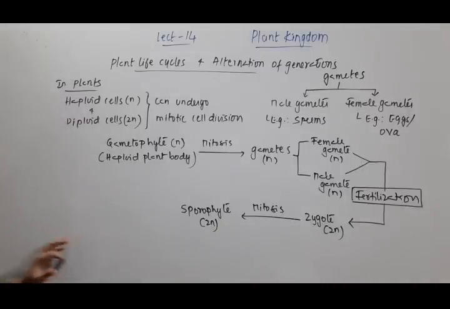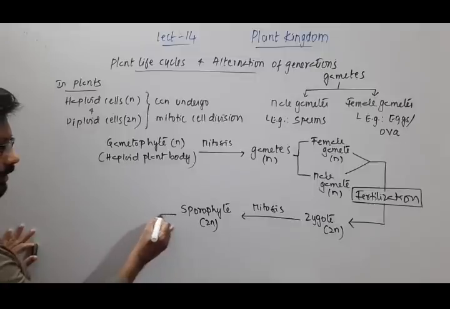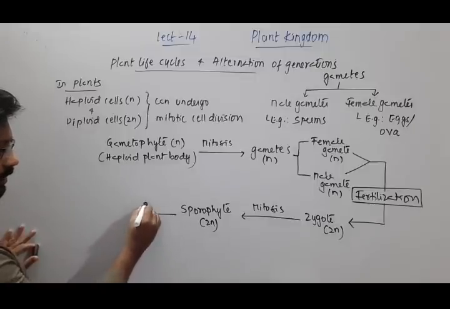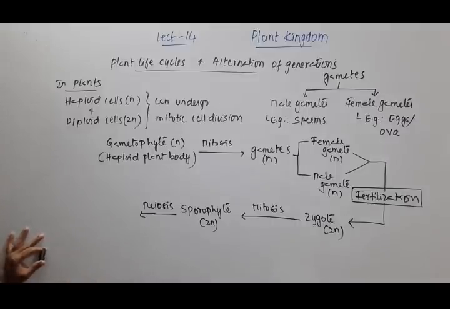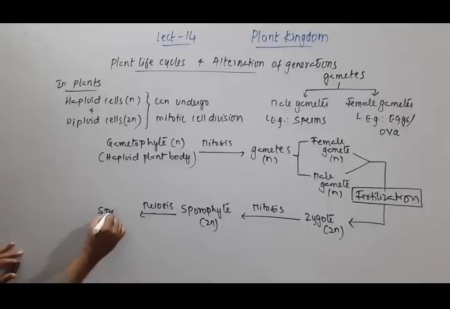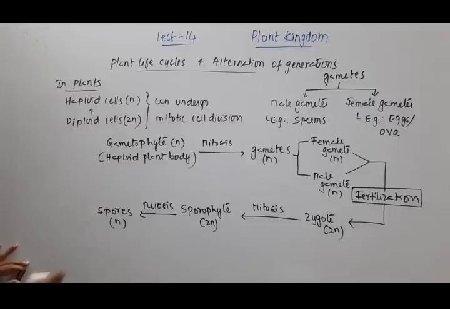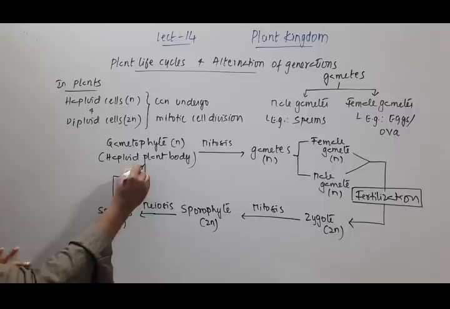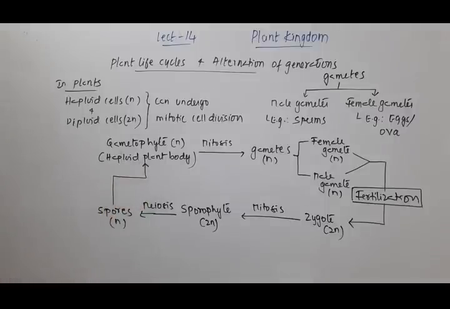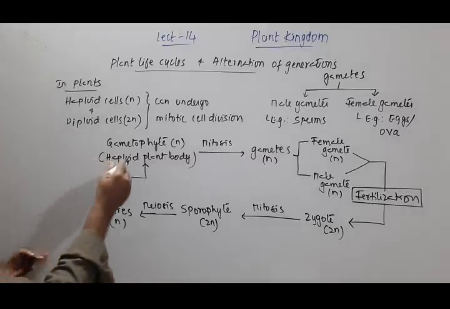Now in the sporophyte, meiosis takes place. Meiosis is a reductional division that reduces the chromosomal number, and this results in the formation of spores, which will be haploid. And these spores, upon germination, give rise to the gametophyte, and the cycle continues.